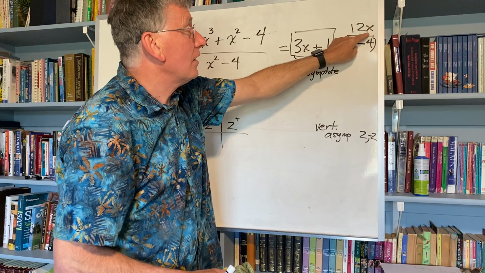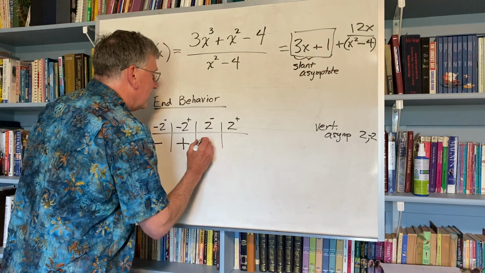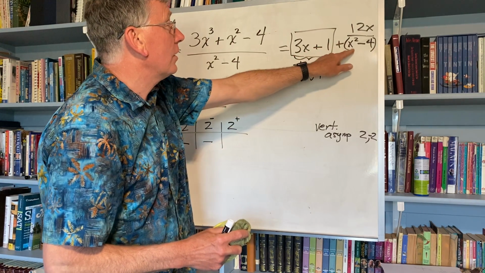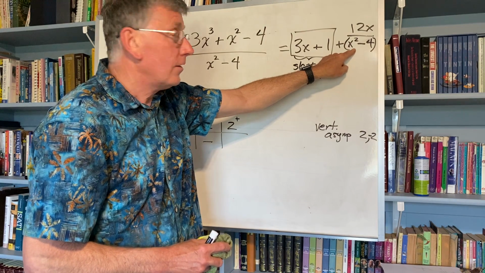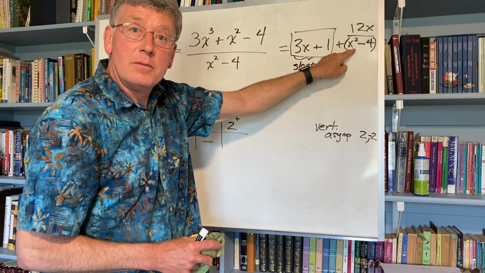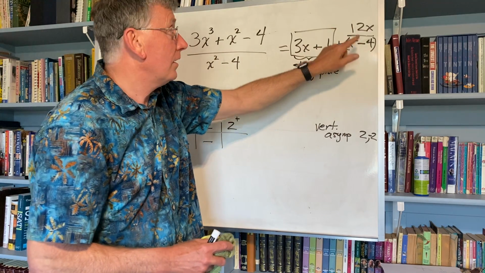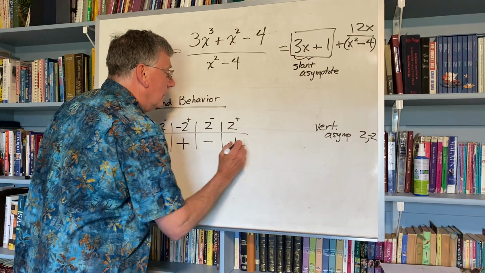But I've got a positive on top, so positive divided by negative is negative. And finally, when I look at 2 plus, this number squared is going to be a little bit more than 4, a little bit more than 4 minus 4 is positive. Top is positive. I have a positive.